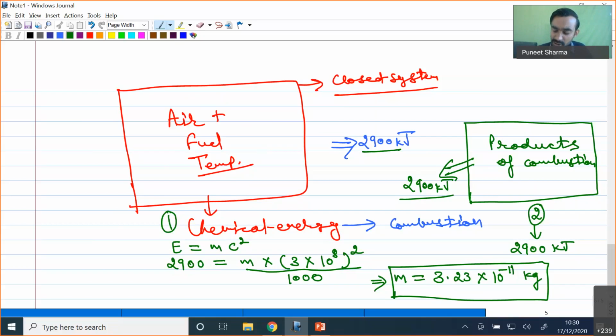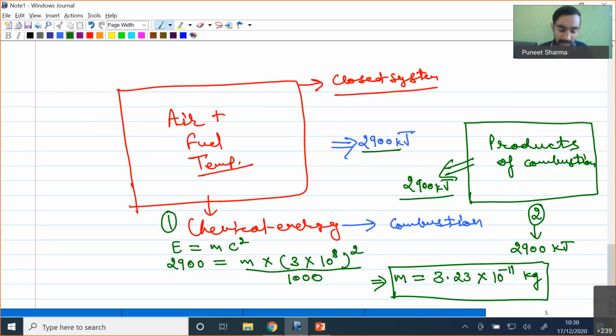The change of mass is so small that we can neglect it, particularly from the macroscopic point of view that we analyze in classical thermodynamics. Though in our thermodynamic system we will have some change of mass while we have a change of energy, there is no mass interaction across the boundary.